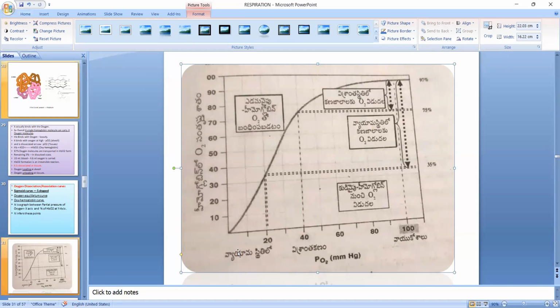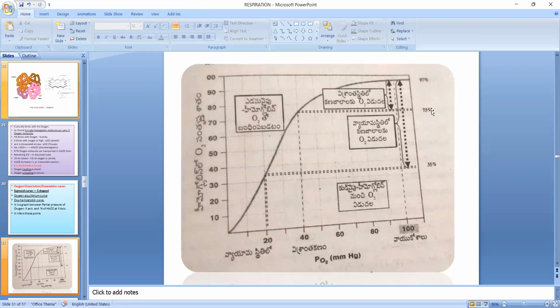If you observe the graph at 100 mmHg PO2, the HbO2 saturation is just 97% only. It is never 100% because of the 3% of oxygen dissolved in the plasma.